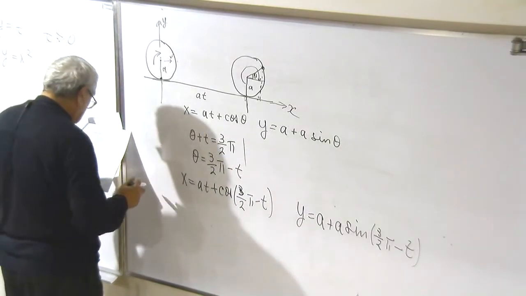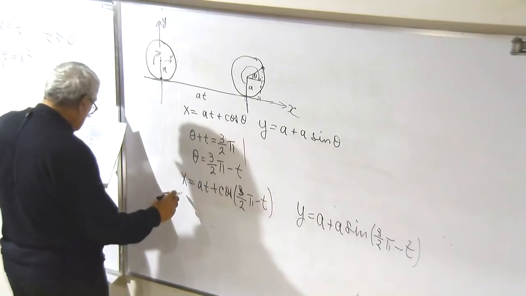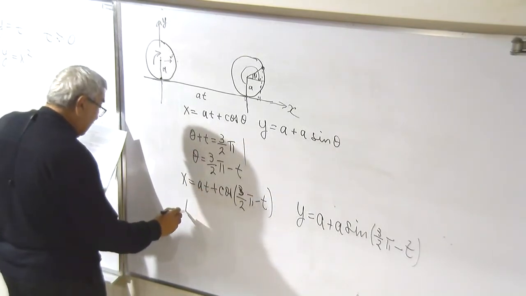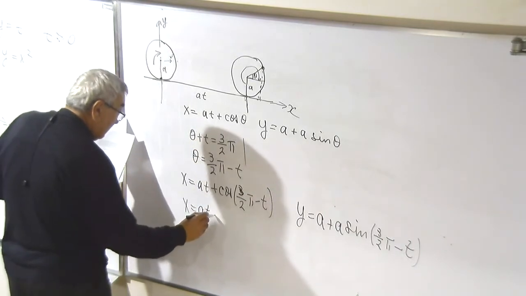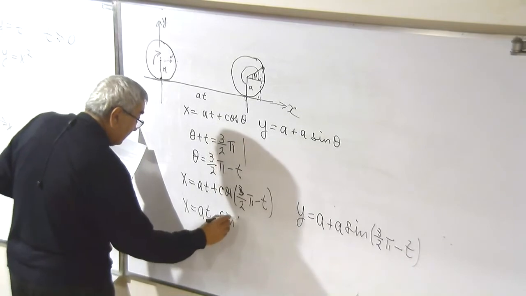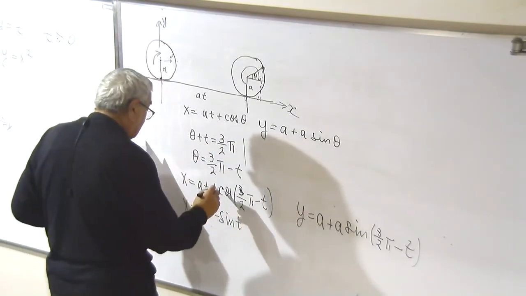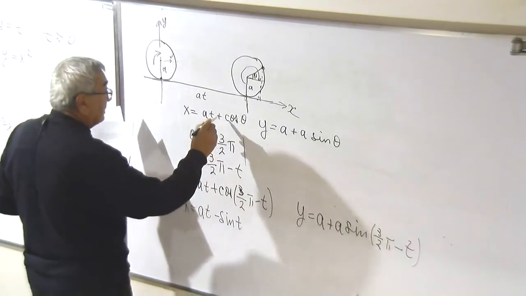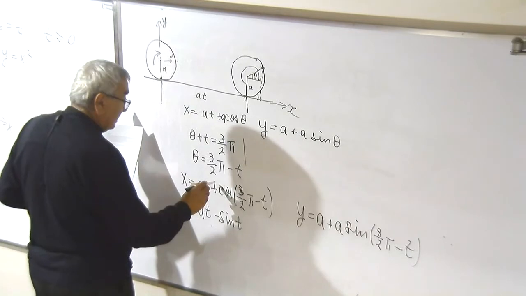And so, after simplification, using the property of cos and sine, I get that x should be equal to a t minus a sine t. Here I forgot a, sorry, here also a.